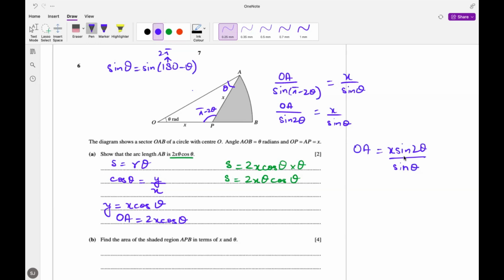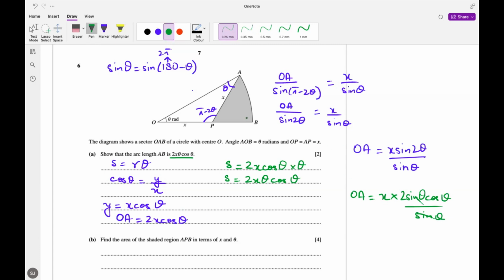Now the identity to convert sine 2 theta to cos theta is not done in AS level, it is only done in A2 level. Even though the identity is given at the back as sine 2 theta is 2 sine theta cos theta, upon sine theta, sine and sine will cancel, and we'll again get 2x cos theta, which was the length of OA.